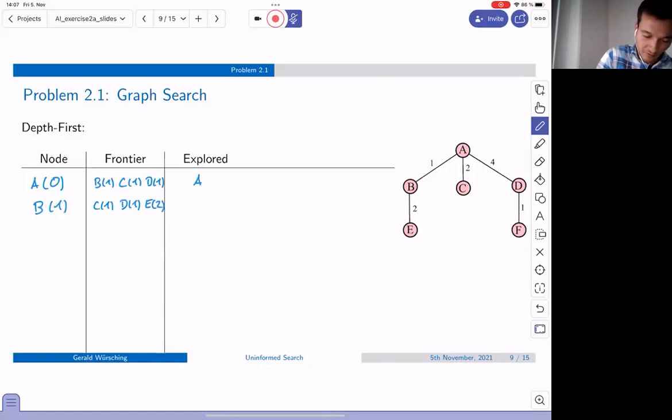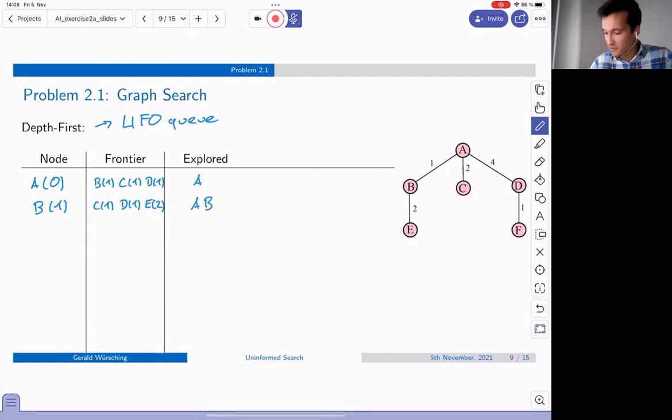So basically depth-first search means a last in, first out queue. So I'm writing it like that so we can pick the last node in our frontier and choose it as the next node. This is the only reason I'm doing that. Then our explored set is pretty simple, just A, B.